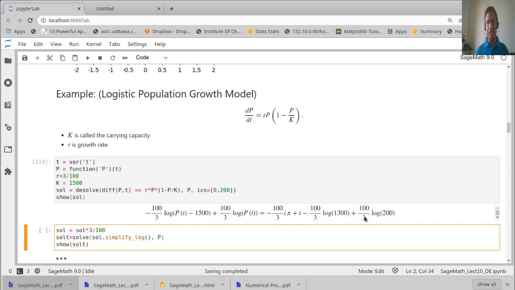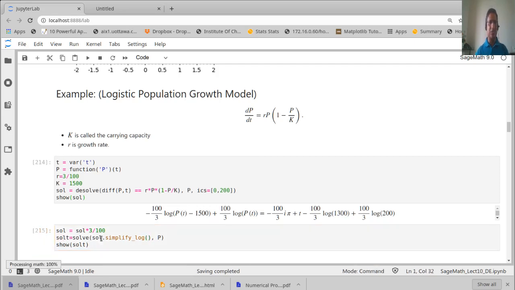But this equation has logs, so that is why there is also a facility to simplify logs, called simplify_log. There are also simplify_trig, full_simplify, and other things, so you can look at them. I'm calling this solution SOLT.